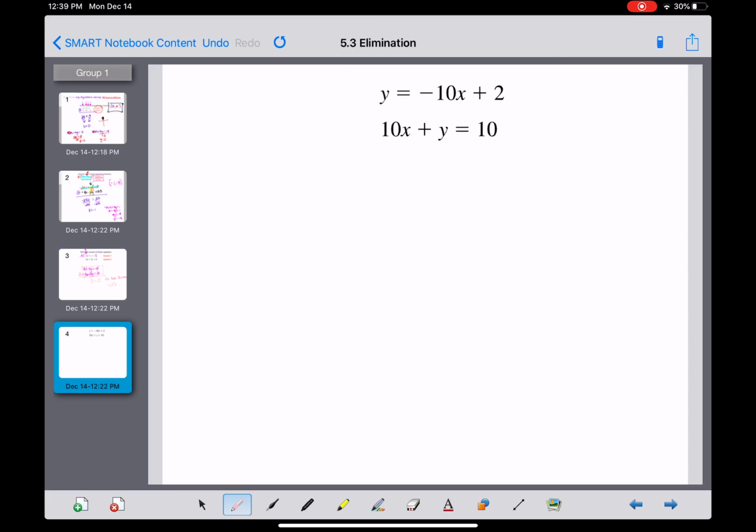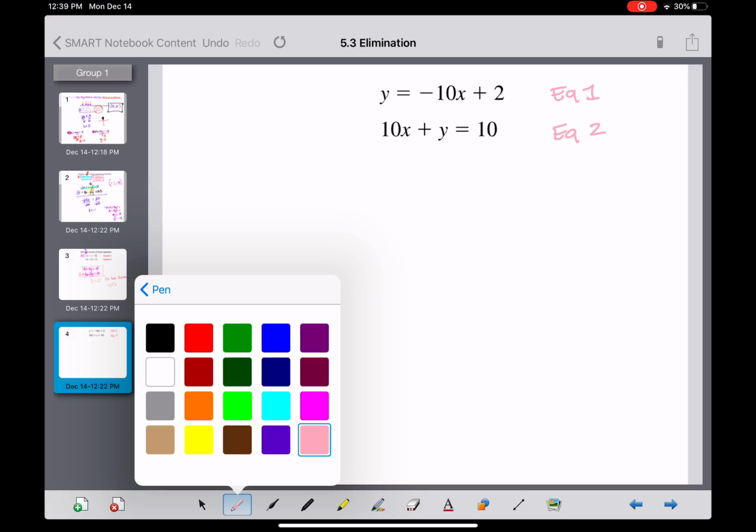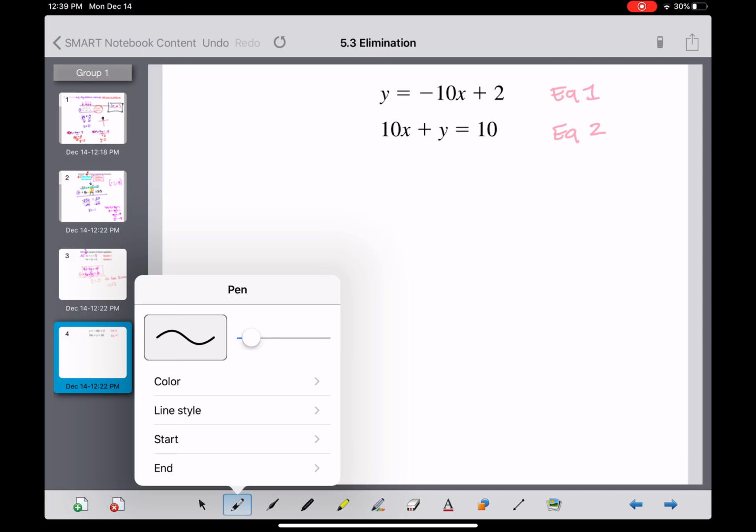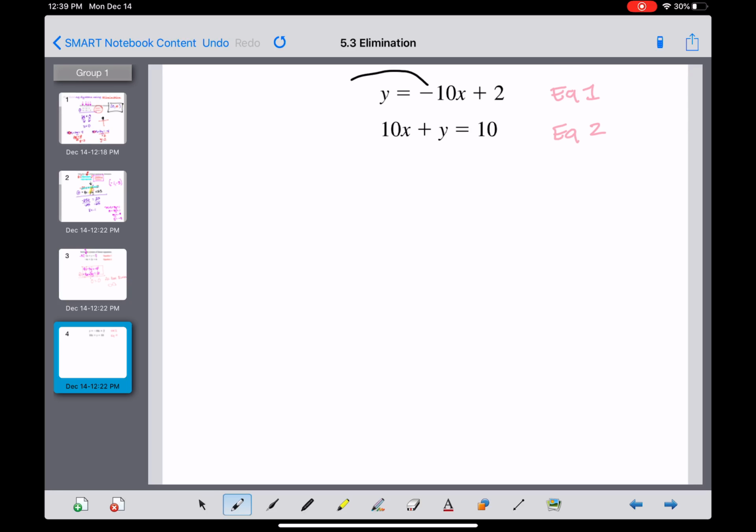In our final example, our first equation is written in slope-intercept form. Our second equation is written in standard form. So before I even start, I want to rewrite equation number 1 in standard form. So I'm going to bring the negative 10x out in front. So I have 10x plus y is equal to 2. This is just my equation number 1 rewritten.